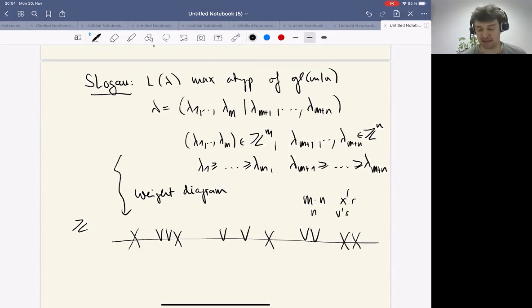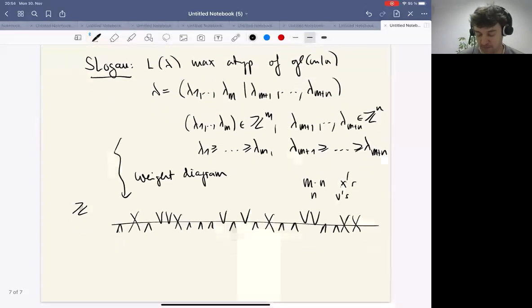And all the other things, if you want, you can leave them free, or you can label them by ups. And this weight diagram determines my weight uniquely. Thinking in terms of these weight diagrams is a very useful way of understanding the combinatorics of the category. You can describe Ext1s or duality and superdimensions, everything in terms of these weight diagrams. But I want you to think of this weight diagram as consisting of two parts.